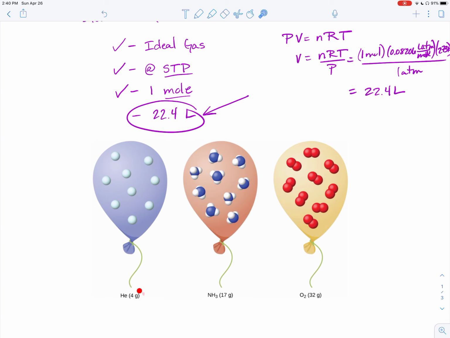This is a mole of helium gas, a mole of ammonia gas, and a mole of oxygen gas, all different in mass, but all being 1 mole, all have the exact same volume, no matter the size of the molecule of that particular gas. And that would be the 22.4 liters.